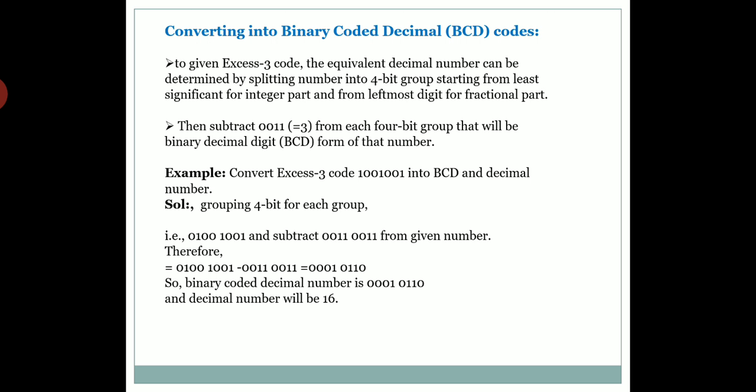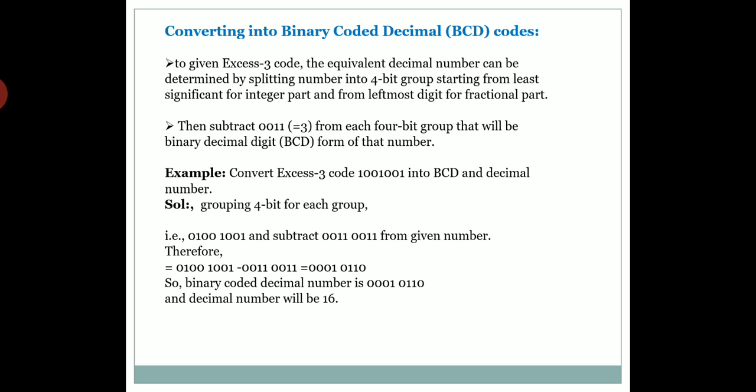Then subtract 0011 from each 4-bit group, which gives the binary decimal digit. In this conversion, we are converting XS3 code to BCD code, that means we subtract 0011, the decimal value of 3.